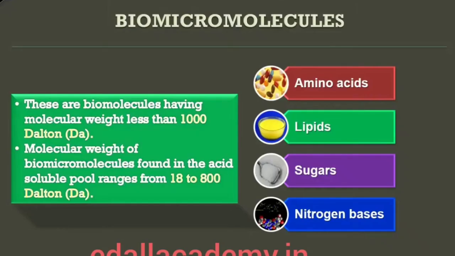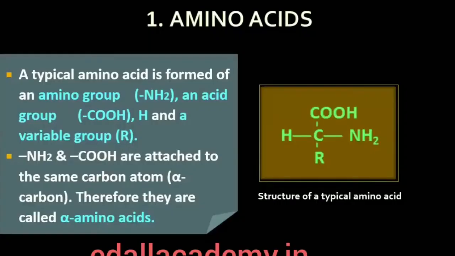Let us discuss micromolecules followed by macromolecules. From micromolecules, first we are going to discuss amino acids. It is one of the examples of micromolecules. Amino acids are organic compounds containing an amino group and an acidic group as substituents on the same carbon, for example, the alpha carbon.